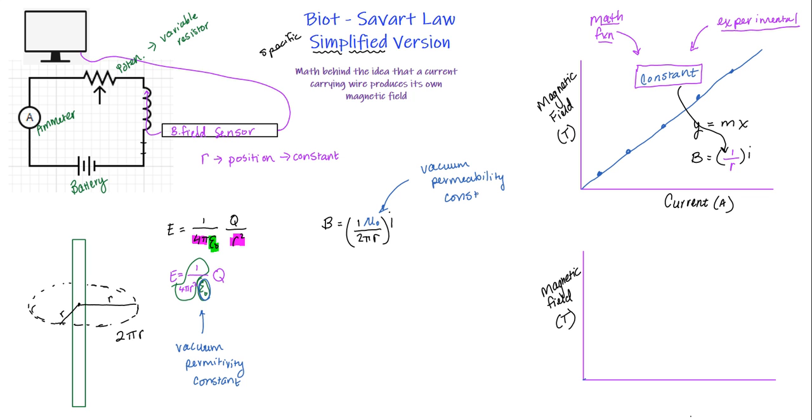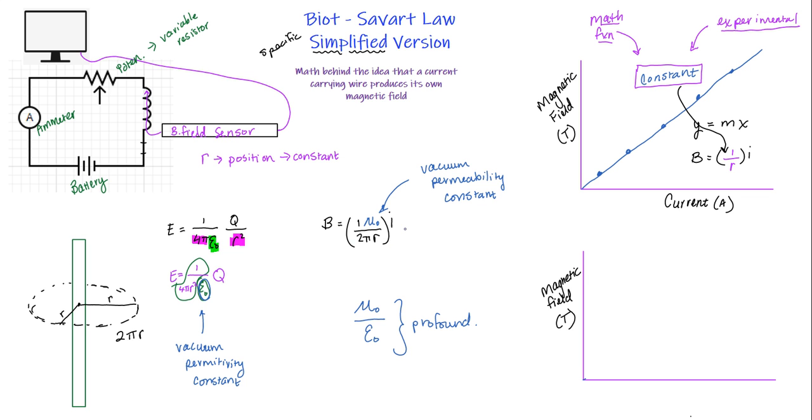So you can see that these two things are very closely related, and the relationship between mu naught and epsilon naught, this ratio, is a very, very profound connection that we'll talk about much later on.